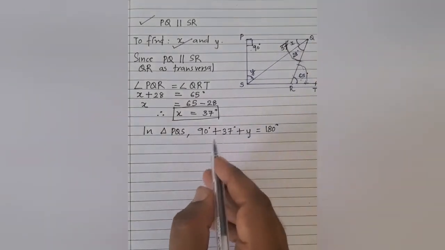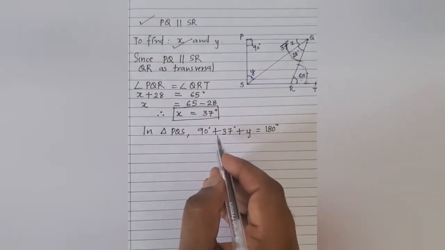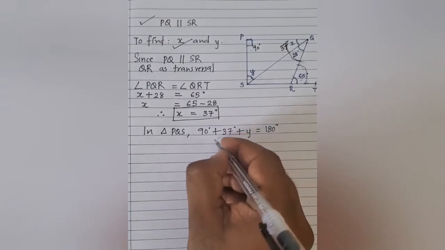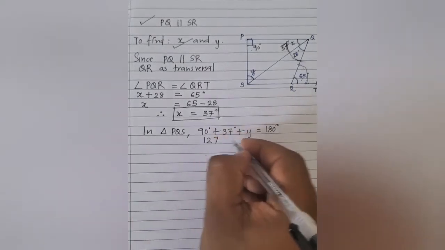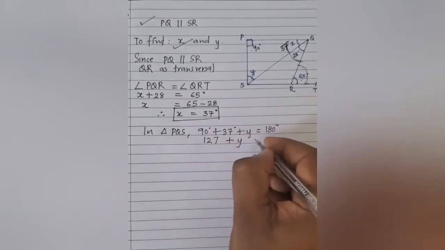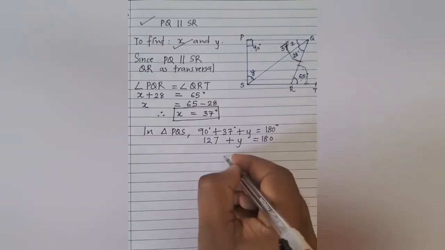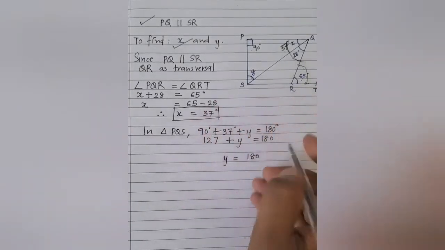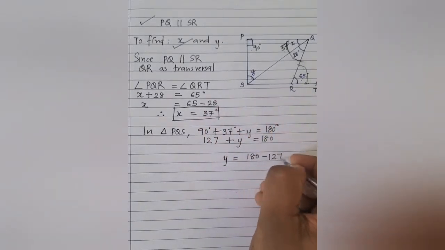So if I solve this, 90 plus 37 happens to be 127, so 127 plus y is equal to 180. y is equal to 180, and 127 goes to the other side and becomes minus 127.